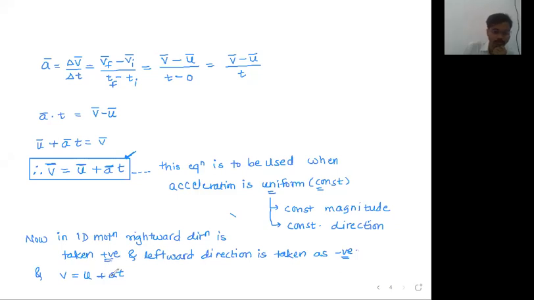How to use this effectively, when to take acceleration positive, when to take acceleration negative, when to take velocity values as positive or negative, all those things we are going to discuss. How to select and substitute the values of velocity, acceleration and time, we are going to discuss.